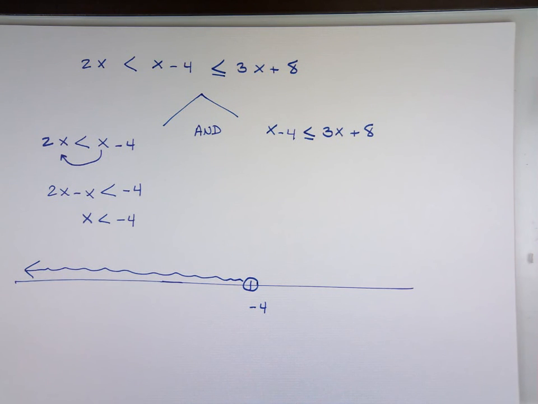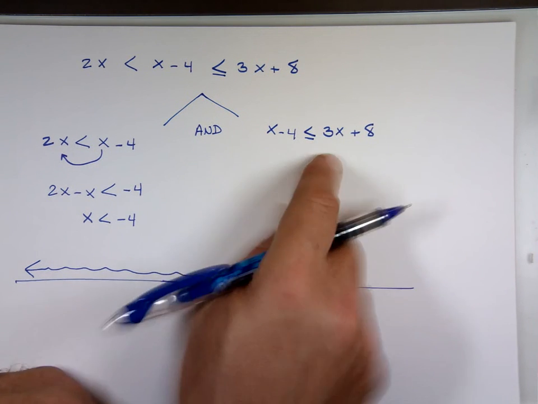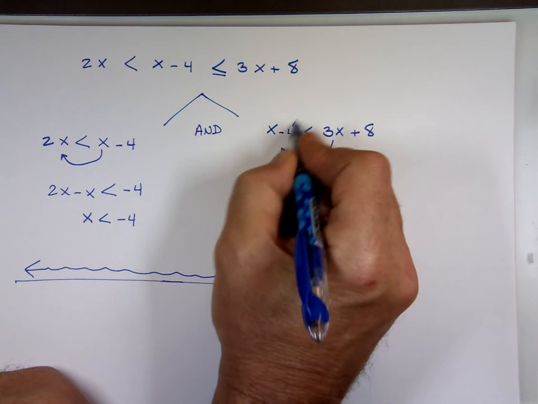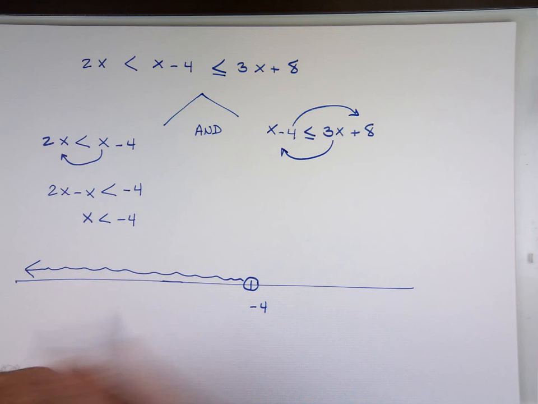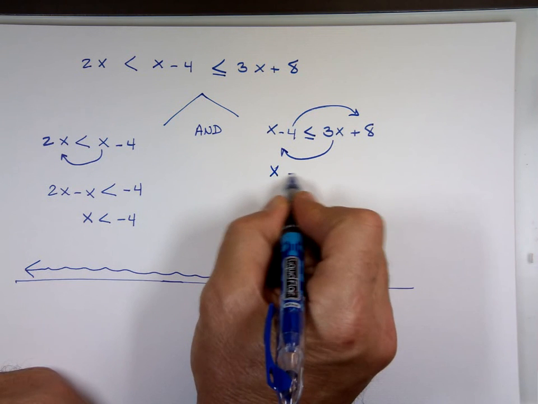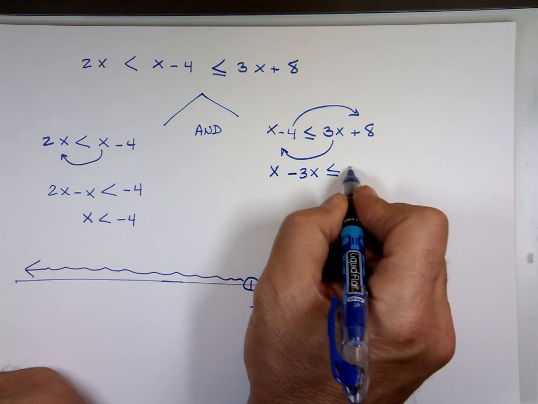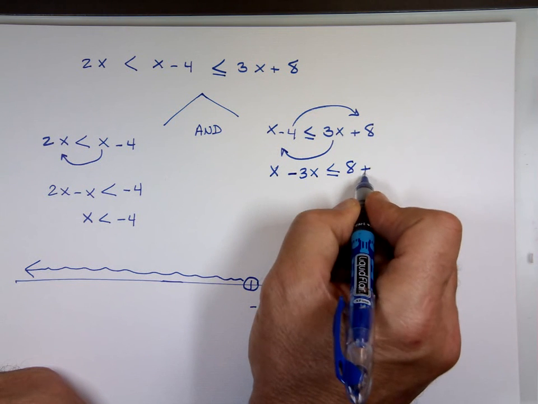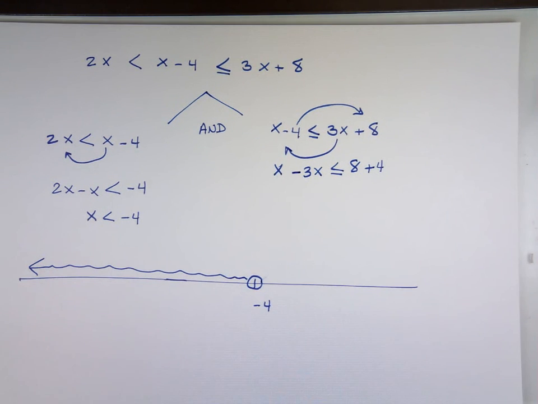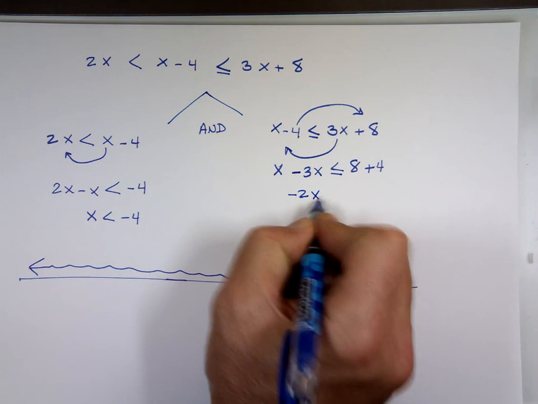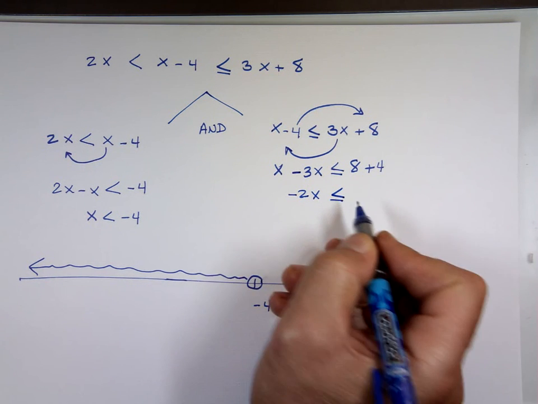Let's look at this one. I'm going to bring the 3x to this side, take the negative 4 there. I will have x minus 3x less than or equal to what? 8 plus 4. What's x minus 3x? Negative 2x less than what? 12.